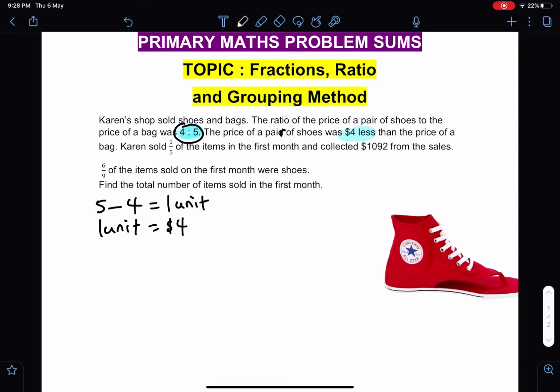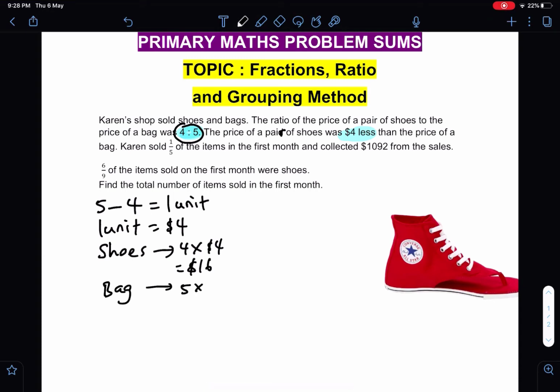We can immediately find the cost of the shoes, which is 4 units, so 4 times $4, $16, and we do the same thing for the bag. The bag will cost 5 times $4, $20. At least have this written down so that we have an idea about the costings of each of the items.